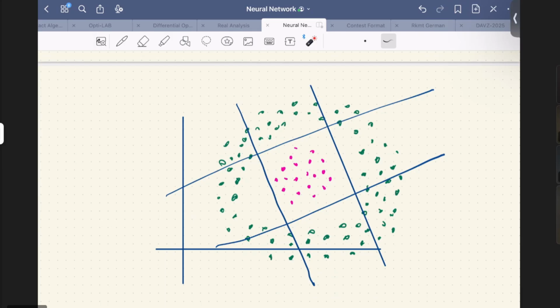So I need four equations to represent this one. Of course, it is a crude approximation. We cannot get a circle with four lines.